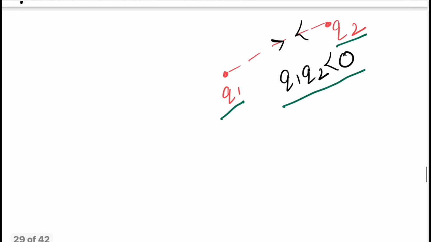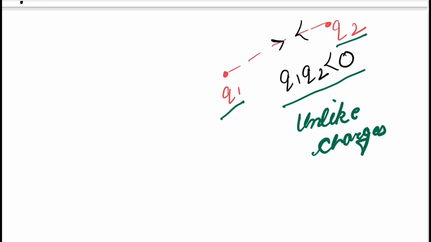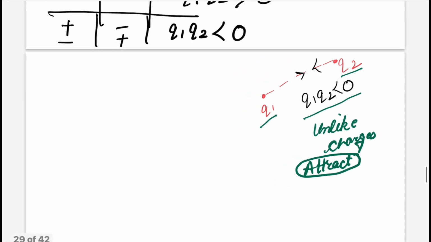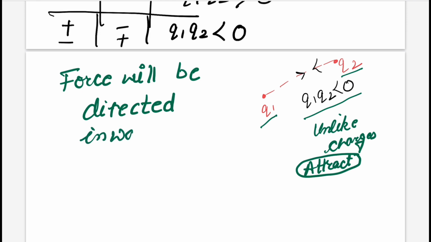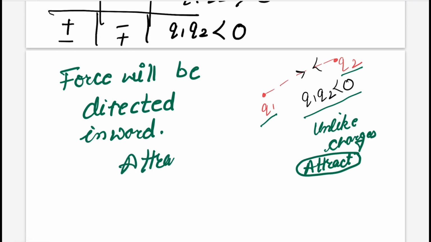So it means that they are unlike charges, and unlike charges are going to attract each other, due to which the force will be directed inward. So the force is directed inward and the force is attraction.